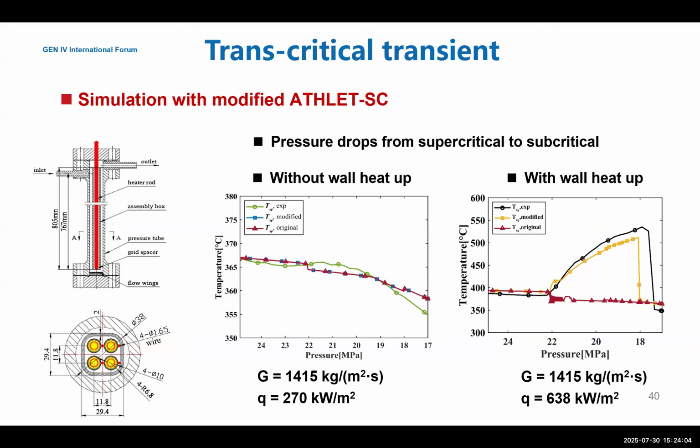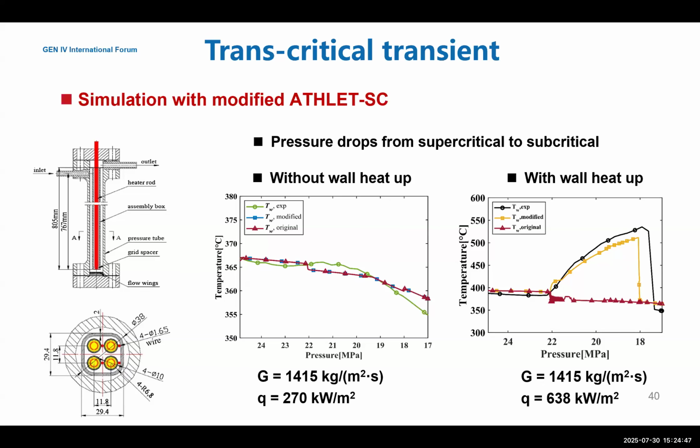And after the modification, we performed simulations with our modified ATHLET code to compare with our experimental work. You will see that in the very high mass flux and low heat flux case, there is no wall temperature increase and no wall heat-up. But in the high heat flux case, the experimental work shows a big increase of the cladding temperature.